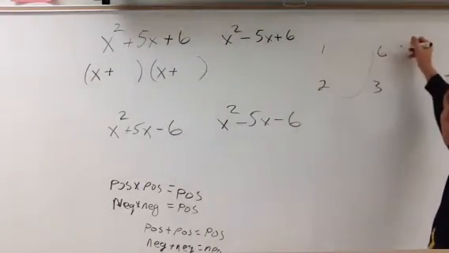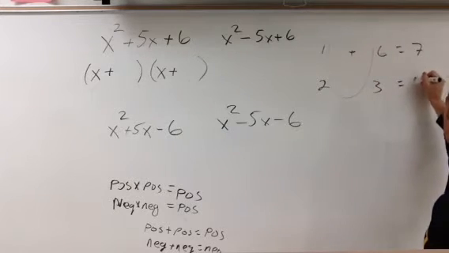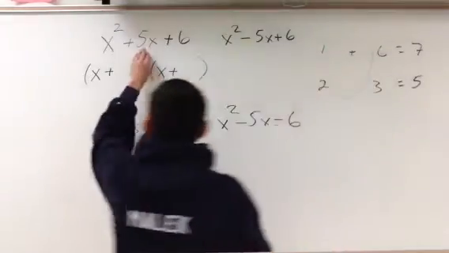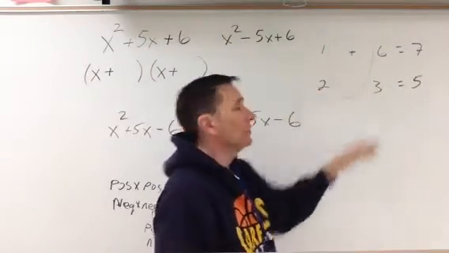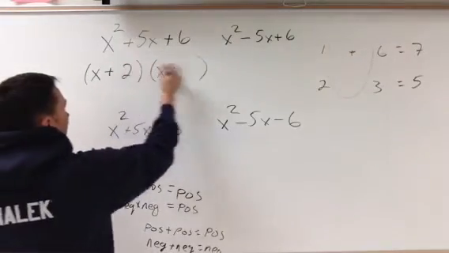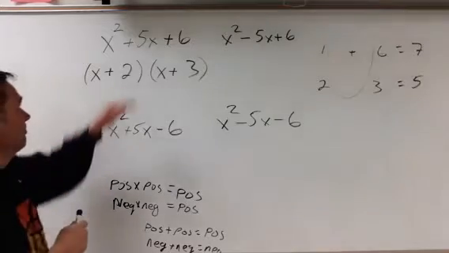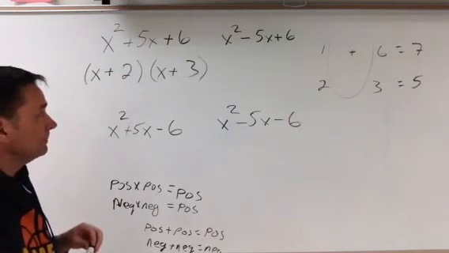So 1 plus 6 equals 7. 2 plus 3 equals 5. Middle term is 5. Therefore, my combination is 2 and 3. So this part can be solved as x plus 2 times x plus 3.